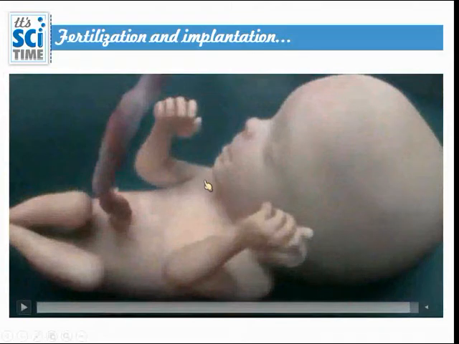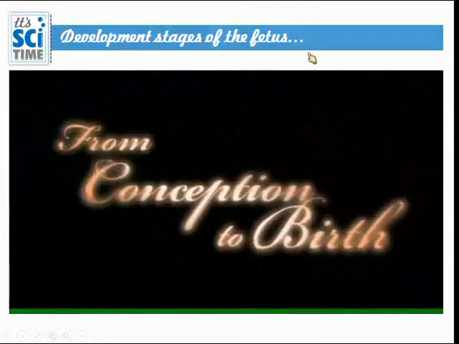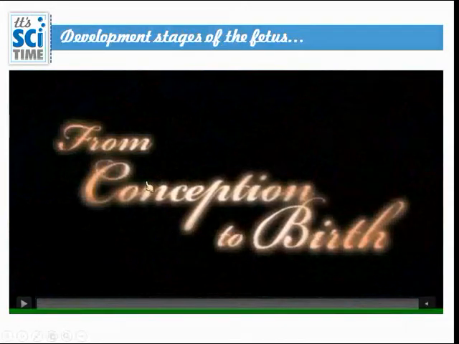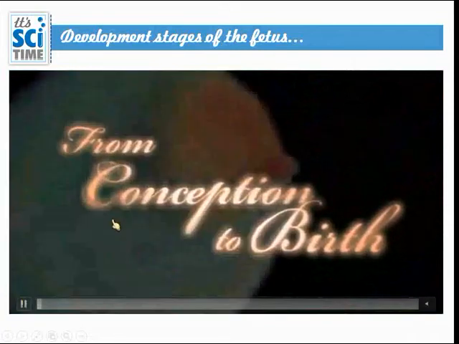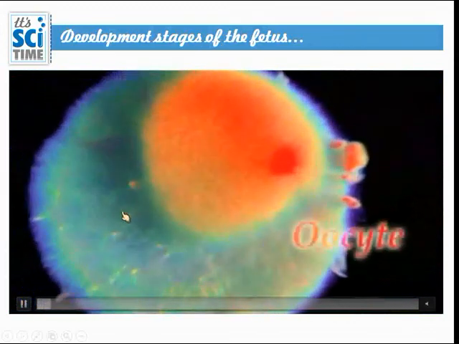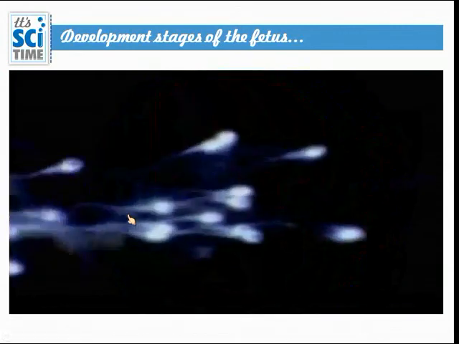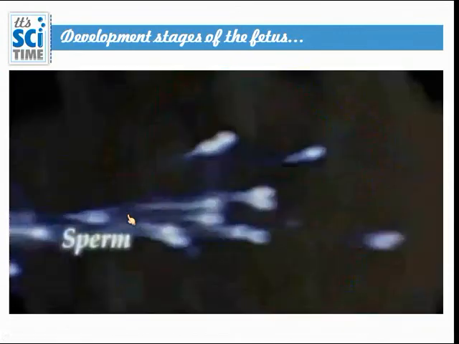After that we can see such processes. Now let's move on to the development stages of a fetus from conception to birth, with the ages or the months. From the oocyte we started, and sperms come and meet the oocyte or the ovum.